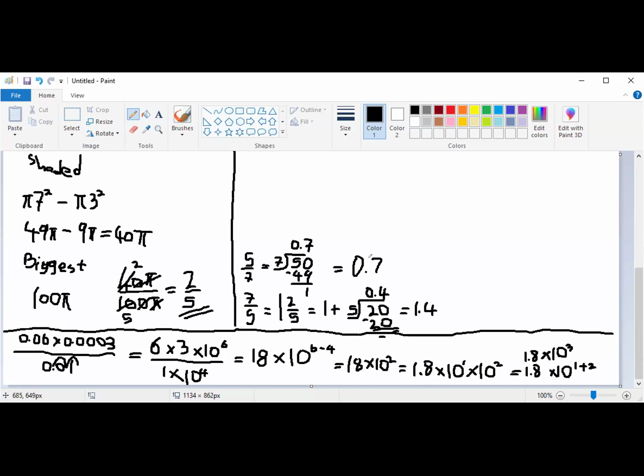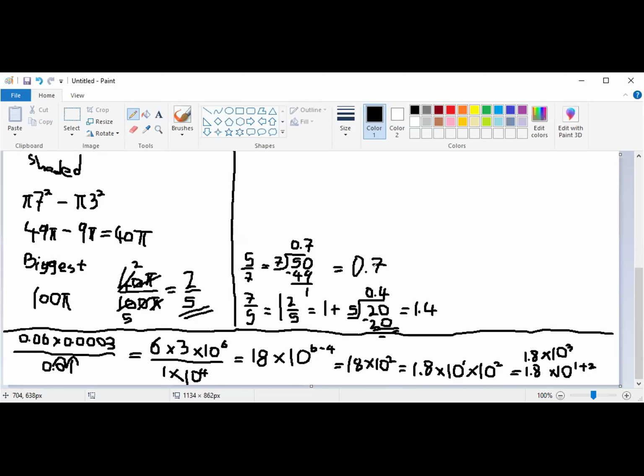0.7. Now, if you remember what that question said, the question said, which one is the closest to 1? And the closest to 1 means the one whose difference between it and 1 is the smallest.